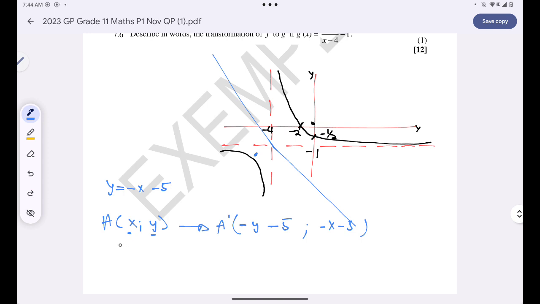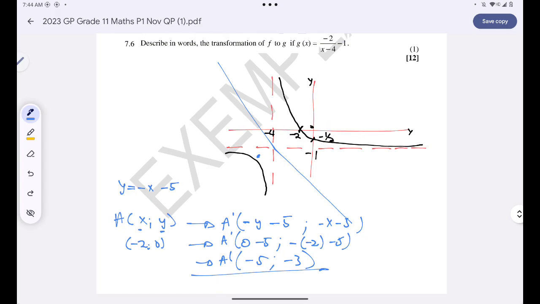So in our case, we had negative 2 and 0, which would become negative 0, which is just 0, minus 5, and then we also have negative 2 minus 5, and then the final answer will just be negative 5 and negative 3.